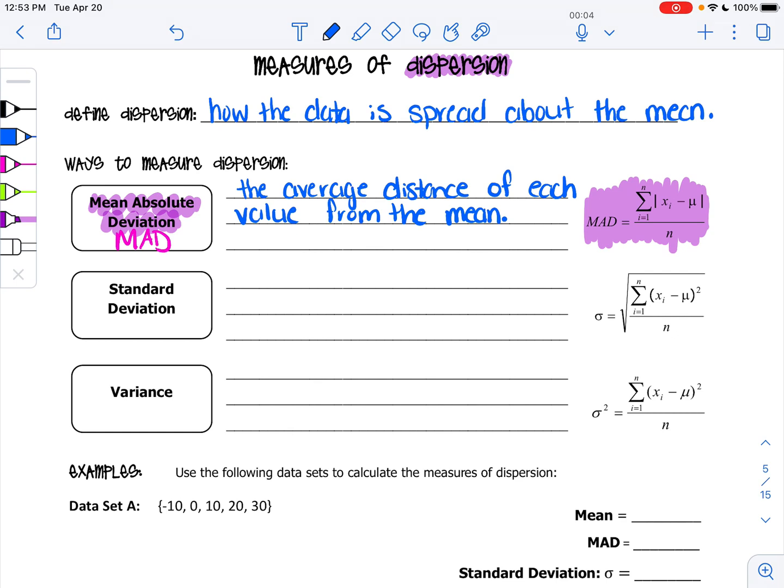Our next measure of dispersion is your standard deviation. And the equation we use to calculate that is to the right. The symbol that we use for standard deviation looks like this.